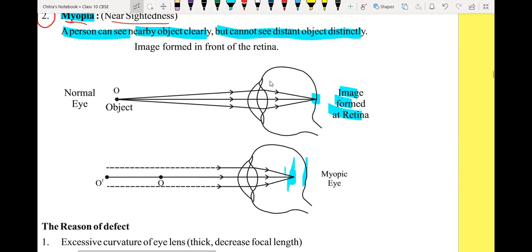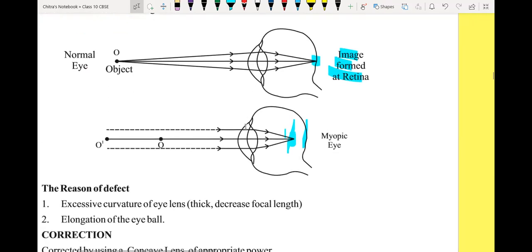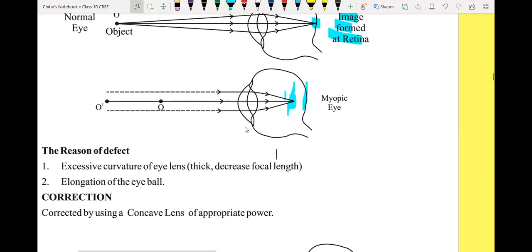Here we have the possible reasons. First, excessive curvature of the eye lens, meaning the eye lens becomes thick and its focal length decreases, due to a defect in the eye or the deficiency of the ciliary muscles' capacity to contract and relax properly to focus the image on the retina.